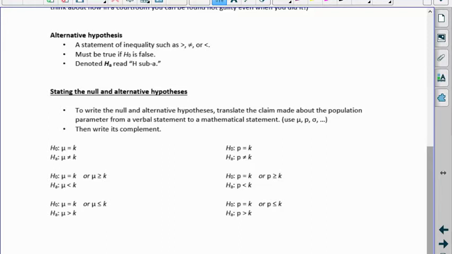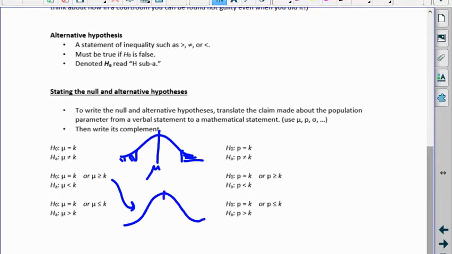This statement right here would be testing if you have the mean in the middle and you're testing it not being that, so it would be testing on both sides. If you're testing item number 2, the mean again is in the middle, you're going to be getting data, some value k, on this side, and you're testing if it's below. See that?